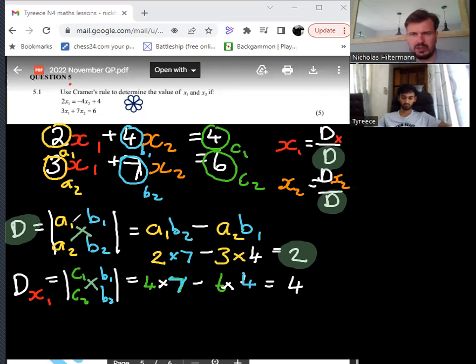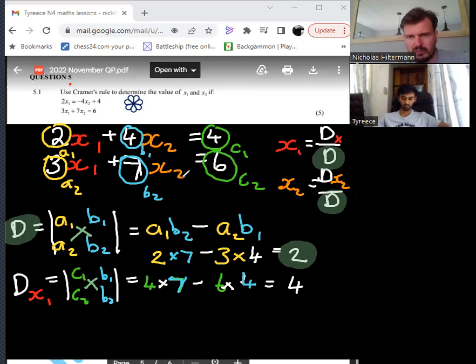Okay, so that should give us, let me just check the answers, because we can actually check these answers. If I times this by 3 and this by 2, I get them both to be 6x1. So if I subtract them, this one we times by 3, so that's 12x2, and this one is 14.